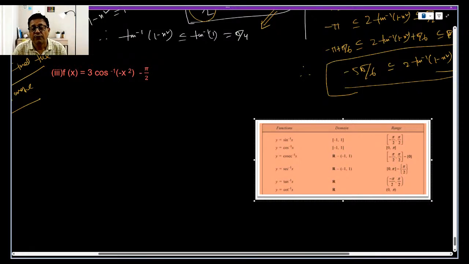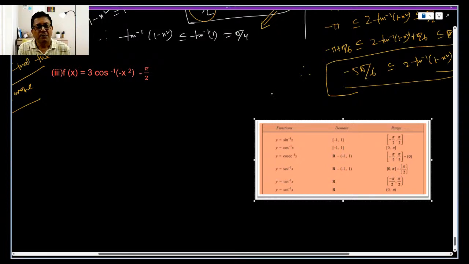For cos inverse x, this is 0 to pi. But do you think here it is going to be that? Because it is minus x square, it can take the maximum value when x is equal to 0. This I have to make clear first.